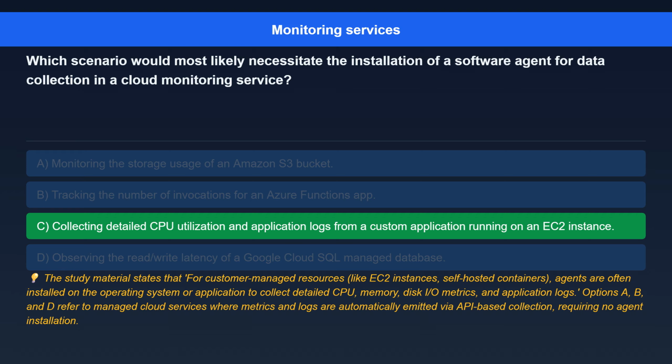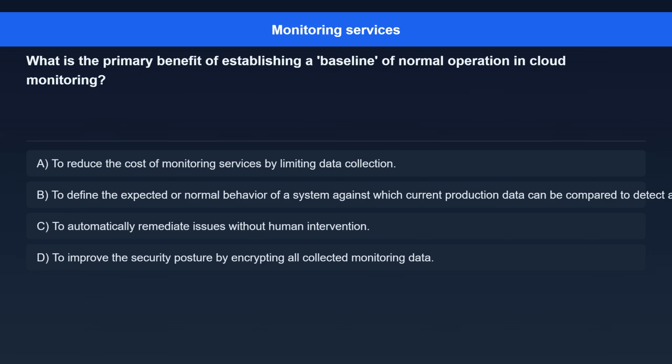Options A, B, and D refer to managed cloud services, where metrics and logs are automatically emitted via API-based collection, requiring no agent installation.